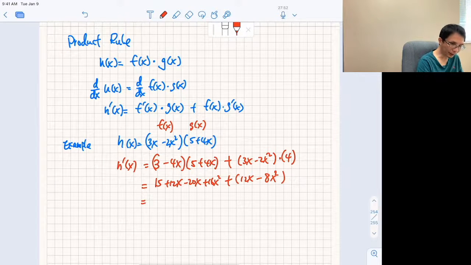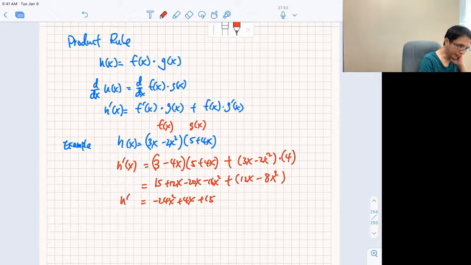I'm going to add everything together. So 16x squared minus, hold on a second. This one should be minus, my bad. I can't multiply. So I should get minus 24x squared plus 4x and plus 15. And that should be my final answer for h prime of x.